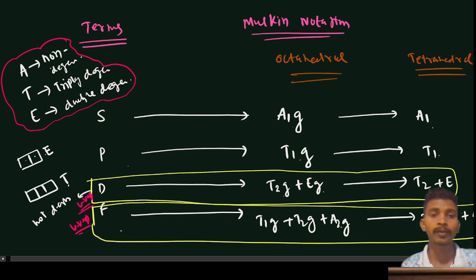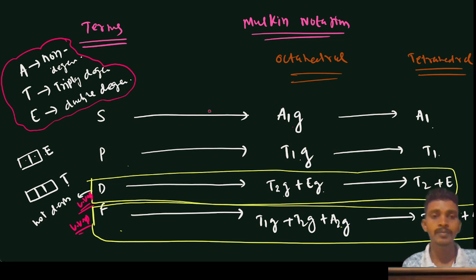So any problem of memorizing this? Because we can easily memorize it. First will be A1G because that is S, mainly that ground state, so that's only one molecular notation we will get. Next for P, T1G, and for D and F. For D we can remember by doing that D orbitals, but be sure that this is not the D orbitals, because this is also D orbitals.